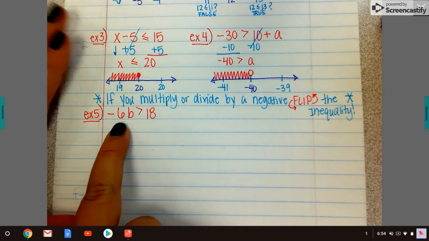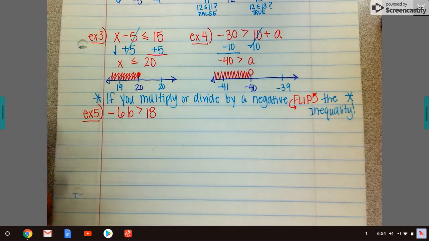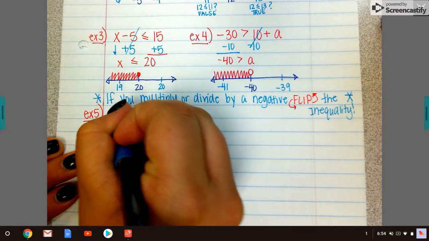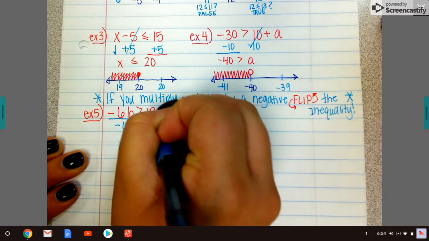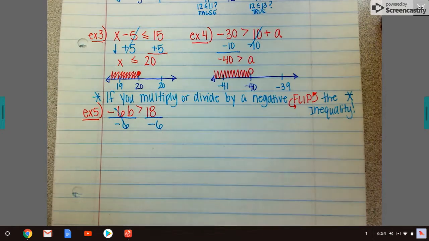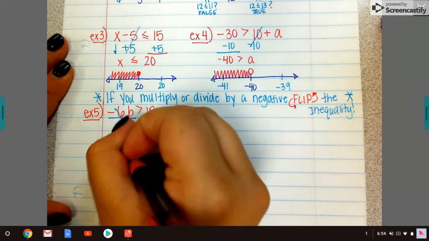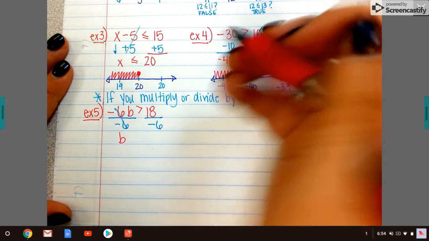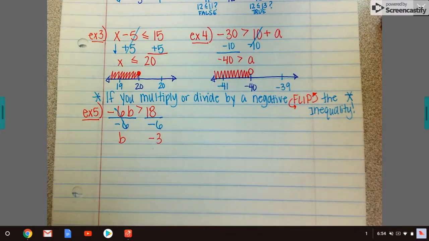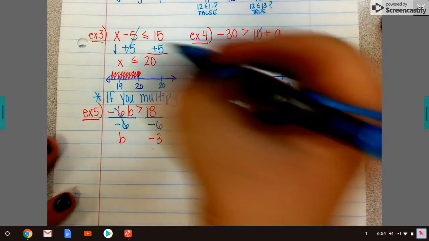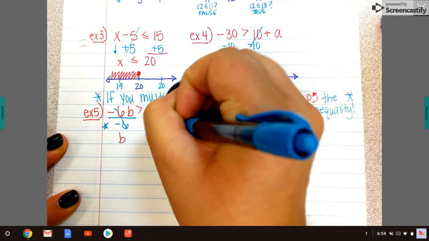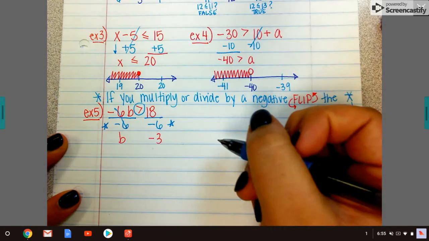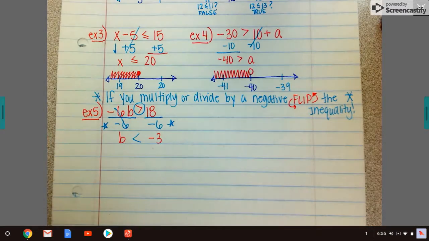So notice this one, we only have one step, and our step is to do just that. Our step would be to get rid of this negative 6 by dividing both sides by it. And so our math on the left and the right is going to stay just as normal. This b will be by itself, and then this will become a negative 3. So all that is normal, but here, because we multiplied or divided by a negative, we need to change this from being greater than to being a less than sign.